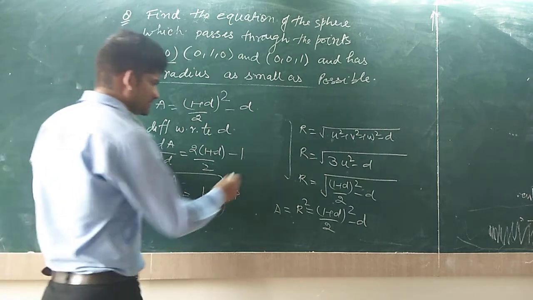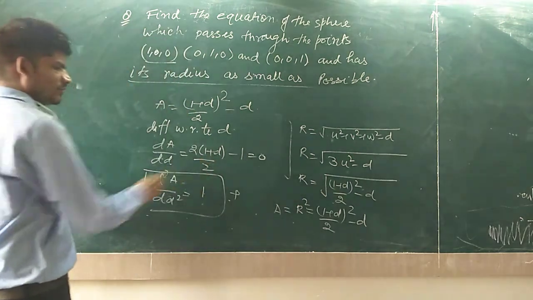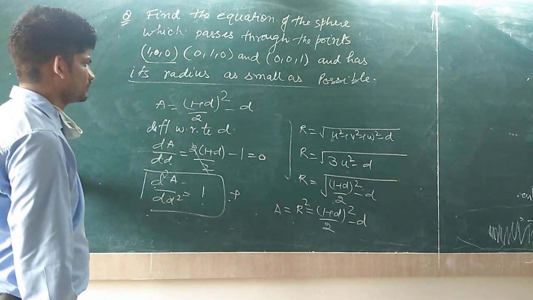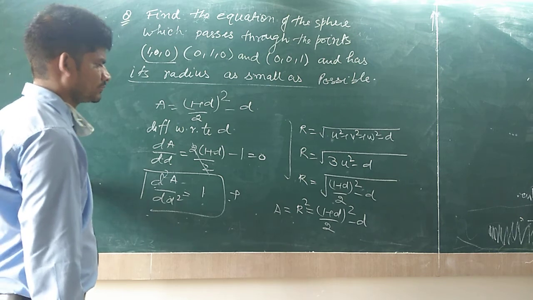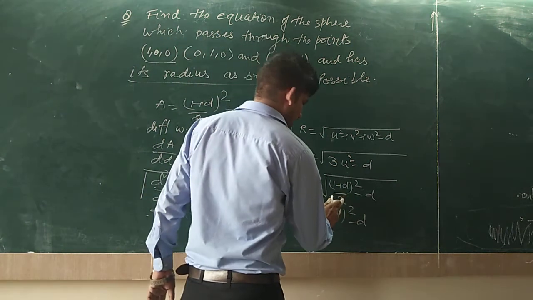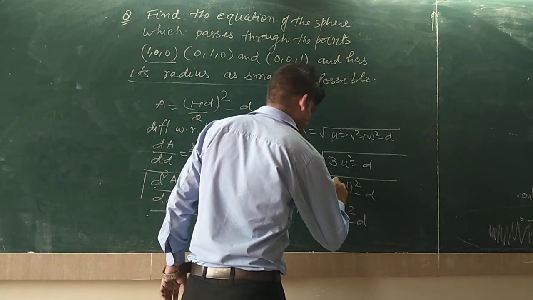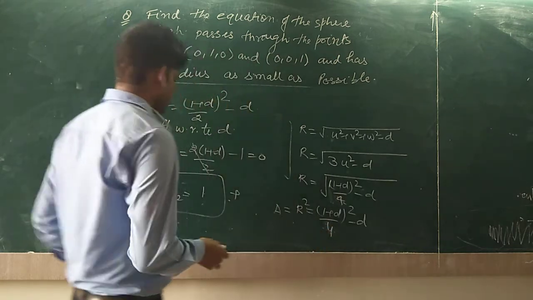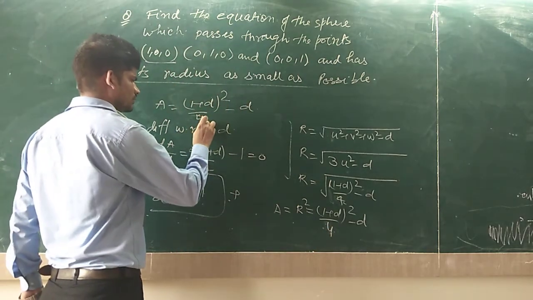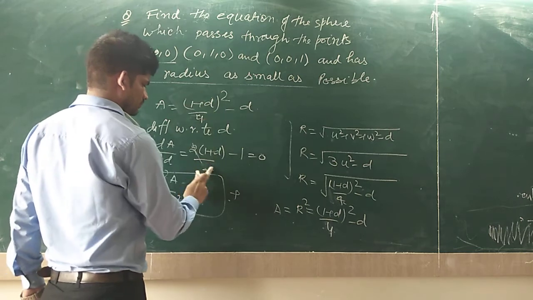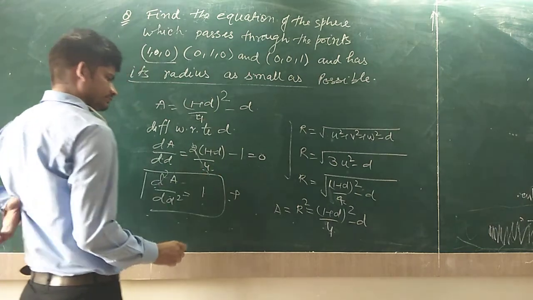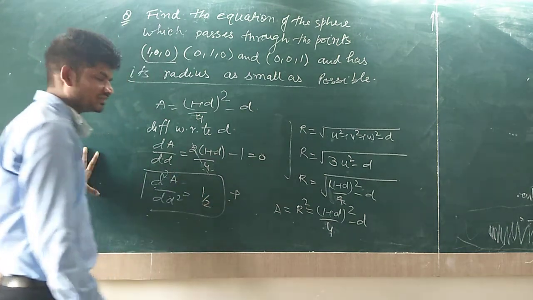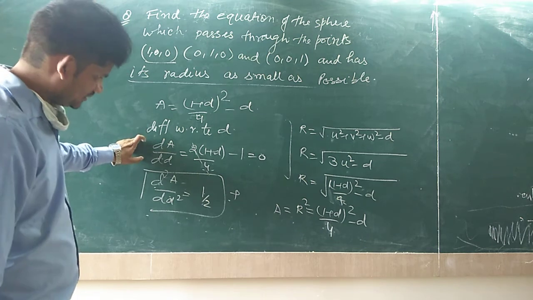Then the first derivative equal to 0 to find the value of d. The second derivative is positive, so it is minimum.